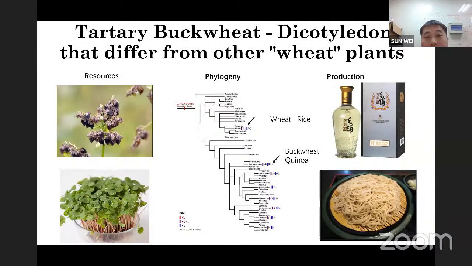In my lab, I focus on a special plant, or crop. The wild plant is distributed in China, India, Nepal, and Pakistan. This plant is called Tartary buckwheat.